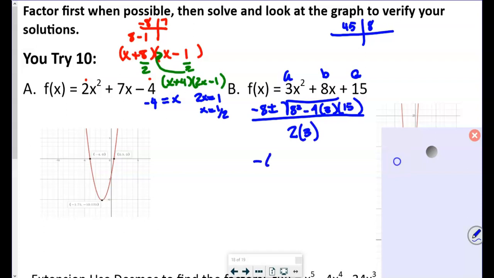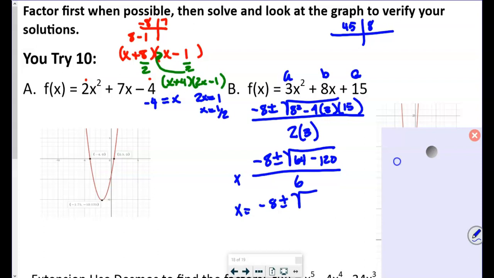So that's going to be -8 plus or minus the square root of 64 minus, that's 120, right? Ooh, this is going to be imaginary, y'all, right? So I'm going to end up with x equals -8 plus or minus the square root of -116 over 6.